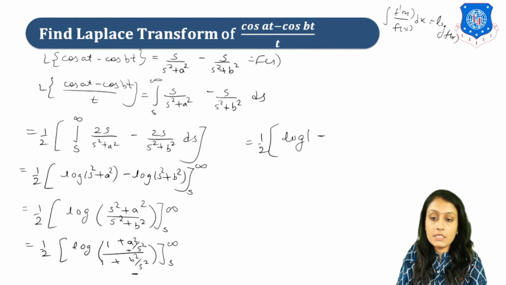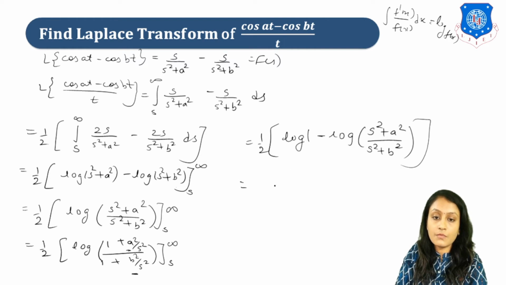Just simplify this, so you will get s square plus a square, s square plus b square, like this, minus log s square plus a square upon s square plus b square. Correct? Now we know log 1 is 0, right? So we have answer minus 1 by 2 log s square plus a square upon s square plus b square.